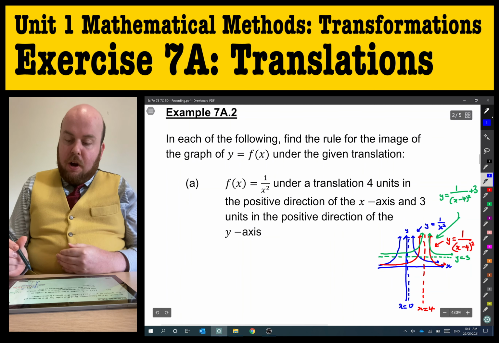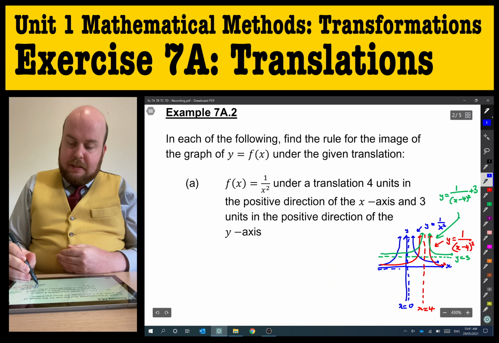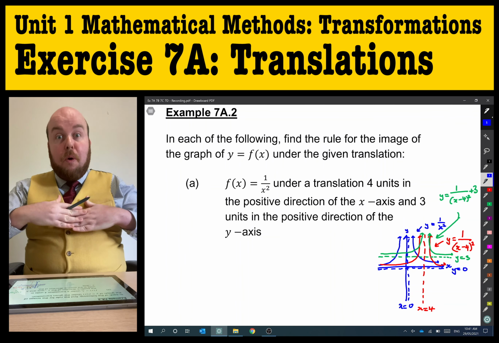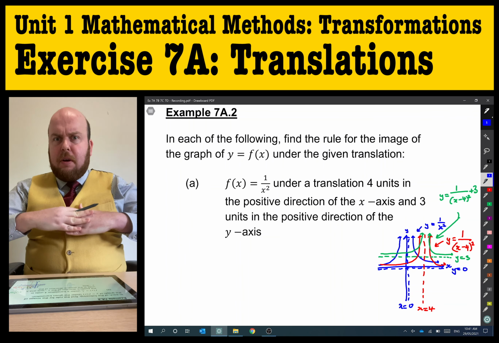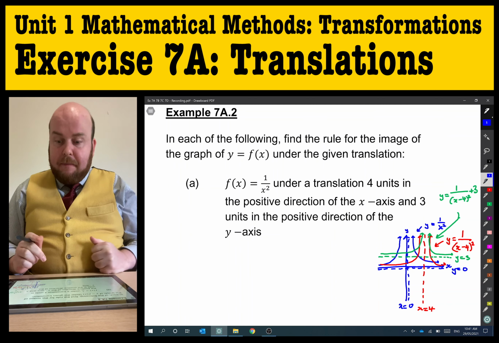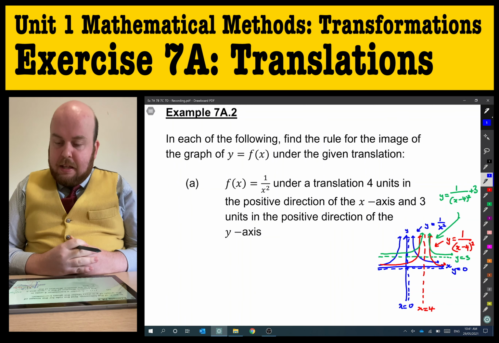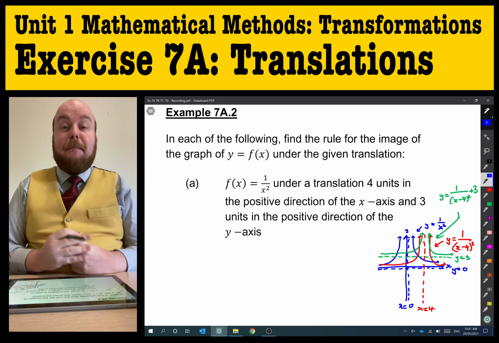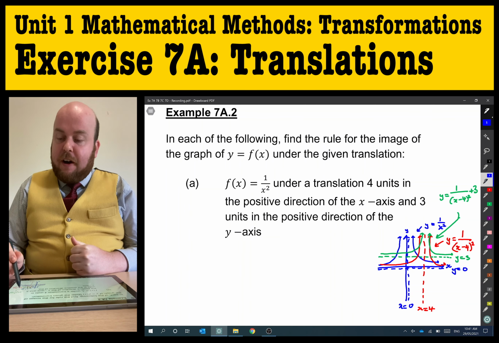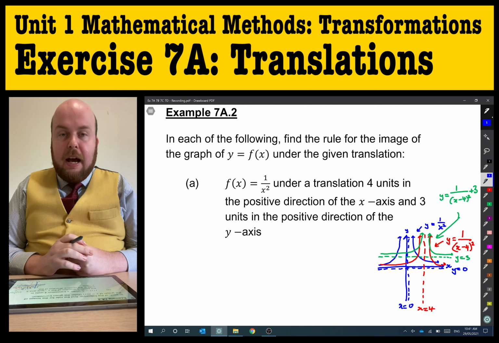Of course, there was a horizontal asymptote, and rather naughty me, once again, not putting this in. I wouldn't have got full marks for that graph. Well, the original horizontal asymptote was at y equals 0, and it's been moved up to 3. And so there we get that green graph that I've just drawn on there. It's a little bit hard to see with all the other ones on there, but that is what the final equation should look like: 1 over x minus 4 all squared plus 3.